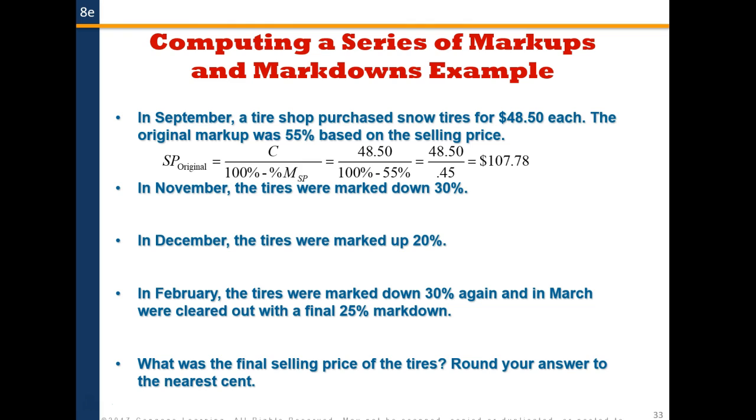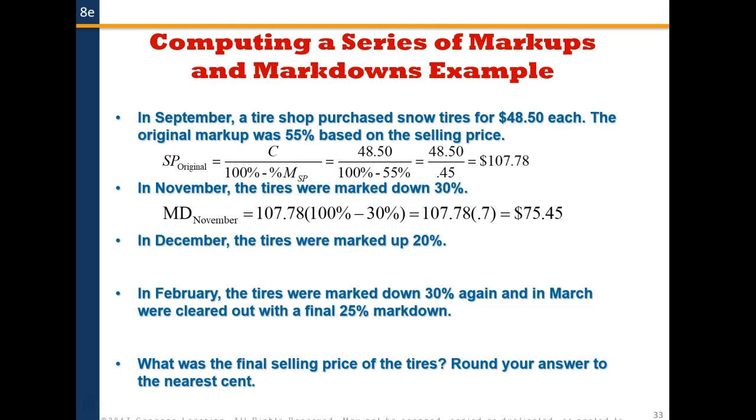Then in November, the tires were marked down 30%. To calculate a markdown, you do 107.78 times 100% minus 30%, right? If they're marked down 30%, you're paying for 70%.